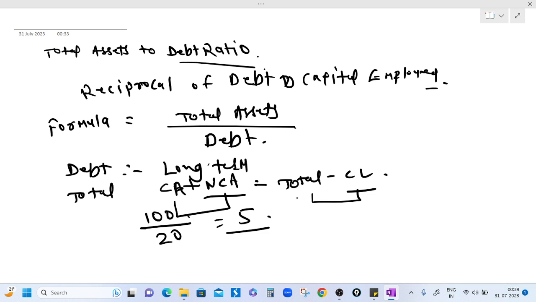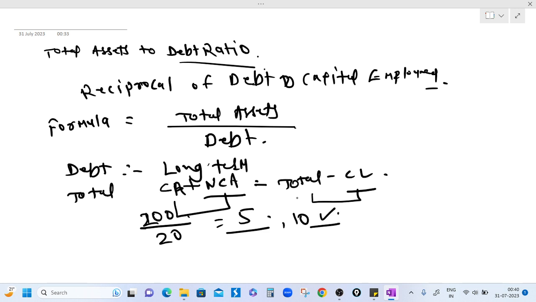What is the meaning of this 5? It means in the business, whatever loan is there, the asset side is more than 5 times. So this business is secure. If it is 200, then the ratio is coming 10, which means it is more secure.